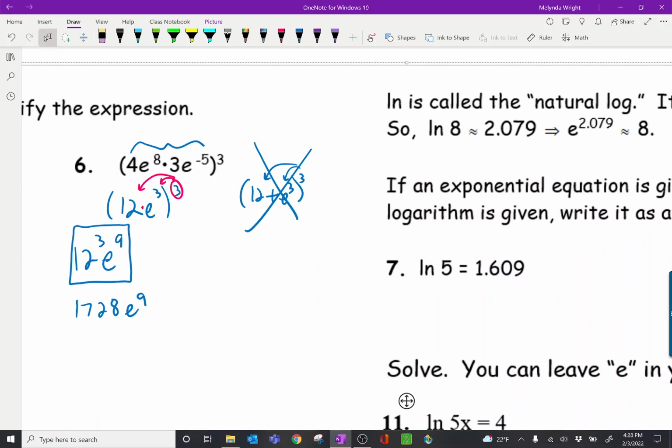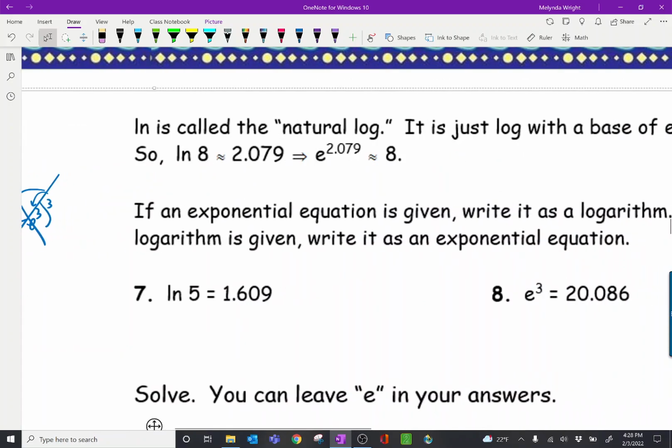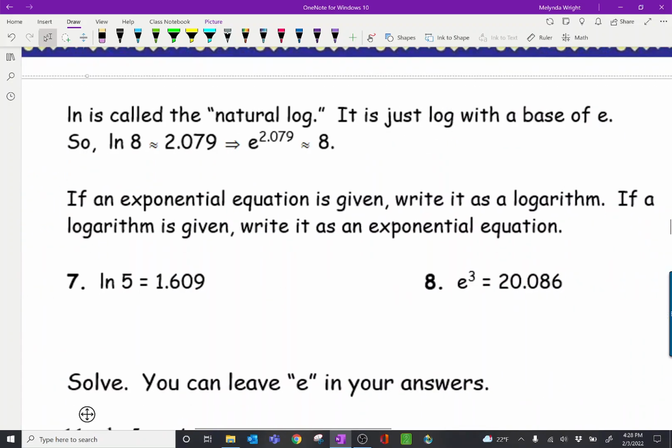Let's go into logarithms. So ln, this little thing right here, is called the natural log. That's its name. It's a log and all of the regular log properties that you've learned also apply to natural log. Natural log is simply a log with the base of e. So when we see this ln written here, there's an invisible e there.